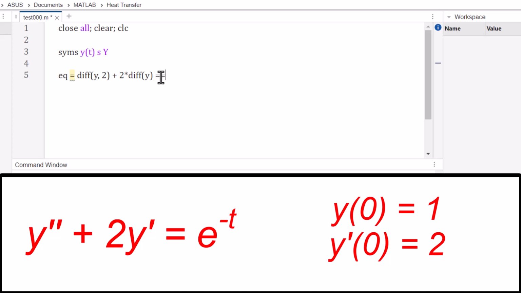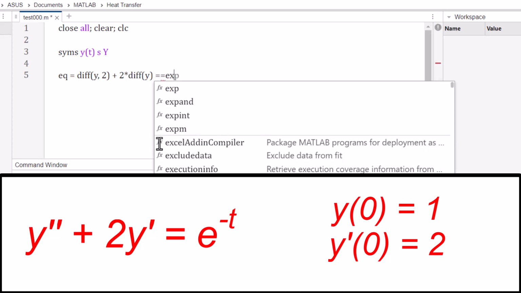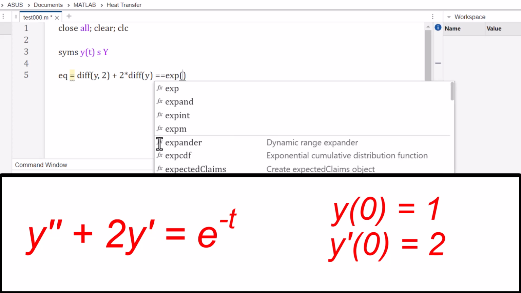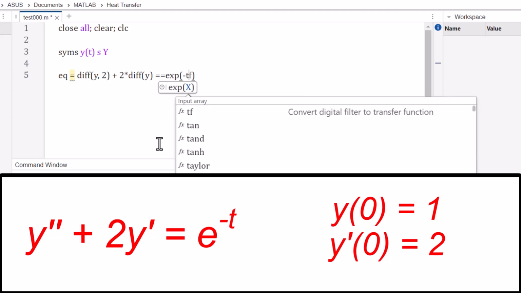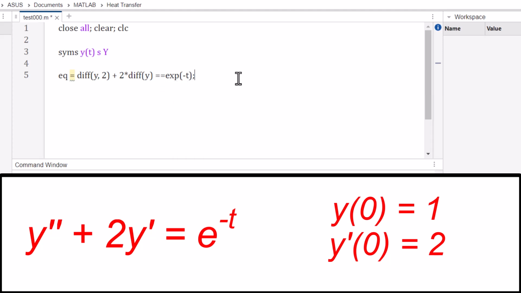And it is equal to e to the power of negative t. So you can see my equation here. Pay attention to the difference between this symbol and this symbol. This is the equality sign in equations, but this symbol stores this equation into this variable.